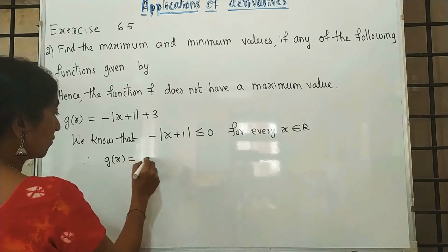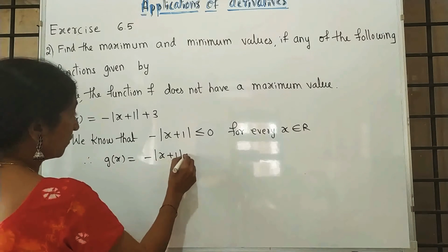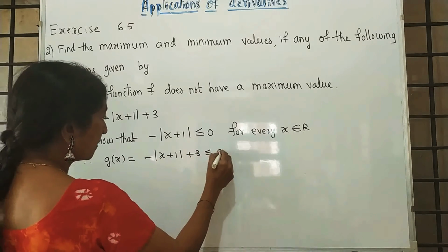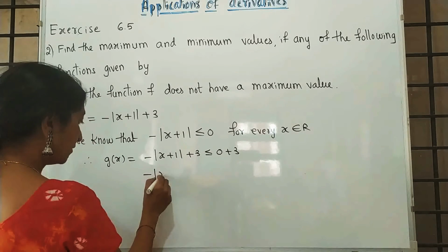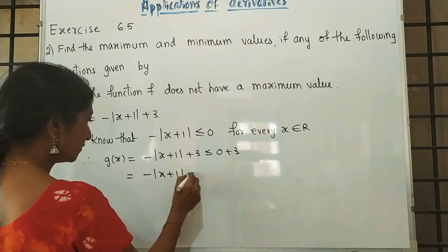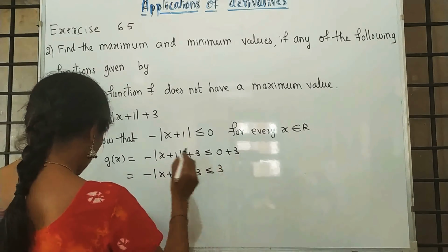Add plus 3 on both sides, that is less than or equal to 3.